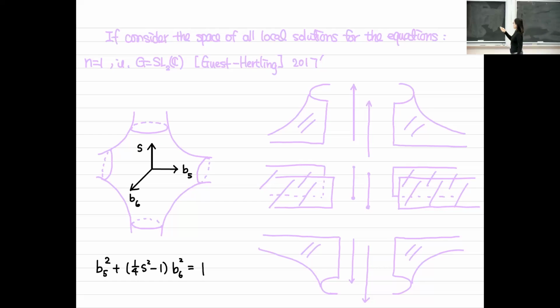As you can see in this picture, even in the lowest case, n equals 1, the lowest rank case, you already have very interesting geometry. In that case, SL2C, it's a result of Guest and Hertling in 2017. They show that if you look at the space of all local solutions, then it's in one-to-one correspondence with this whole sphere.